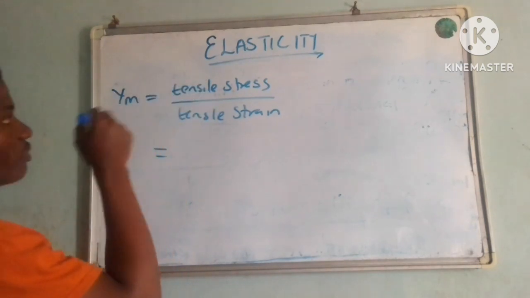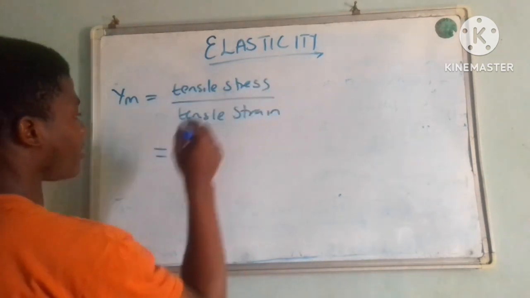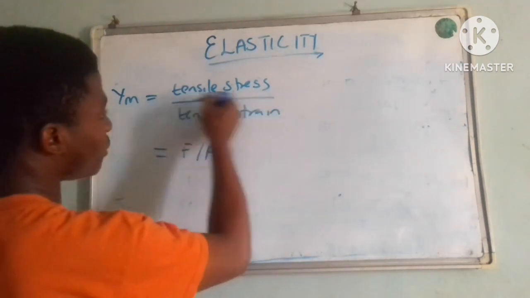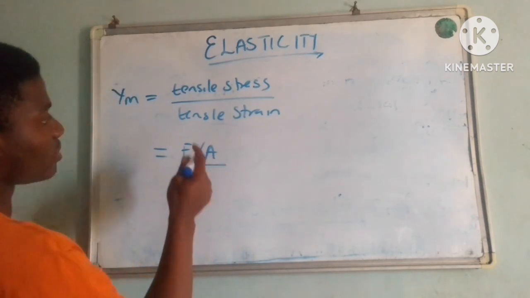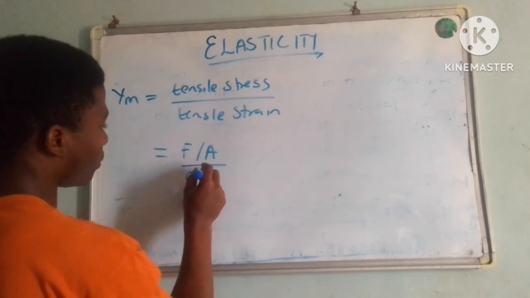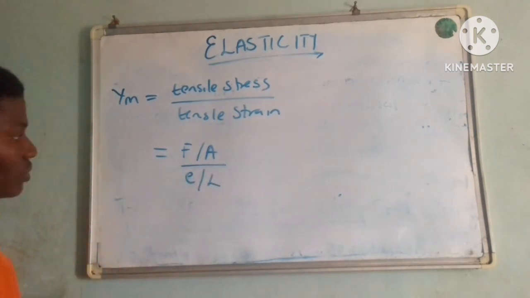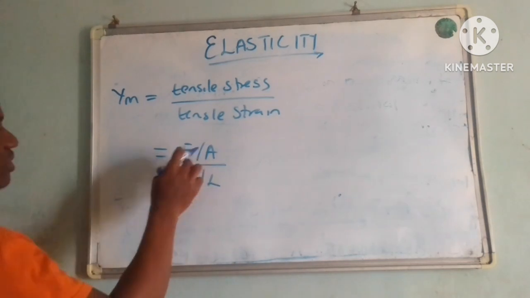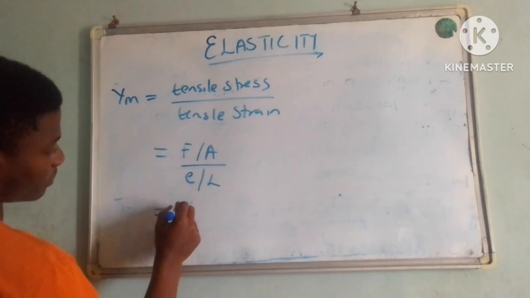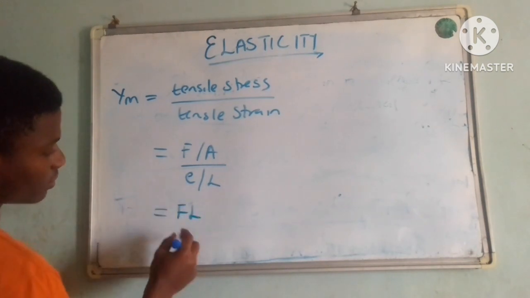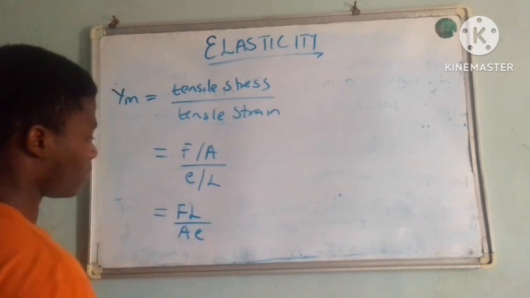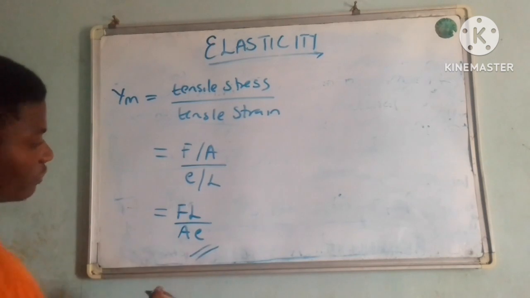And we know that the formula for tensile stress is force all over area, and tensile strain gives us extension, E, all over length. Because of this division sign, we are going to have this as the final formula for Young modulus.